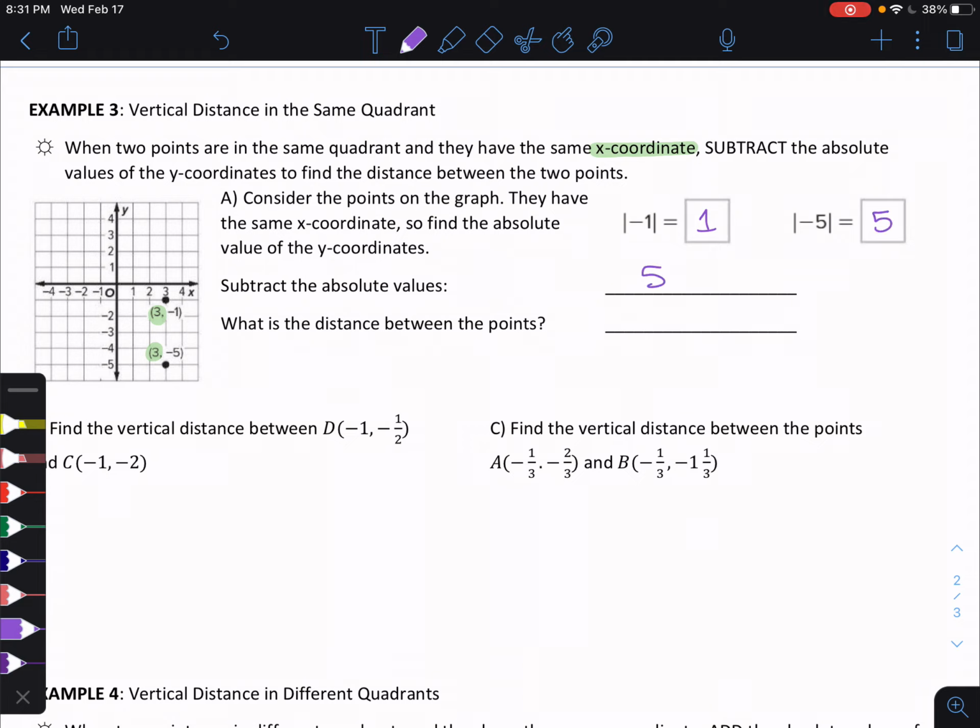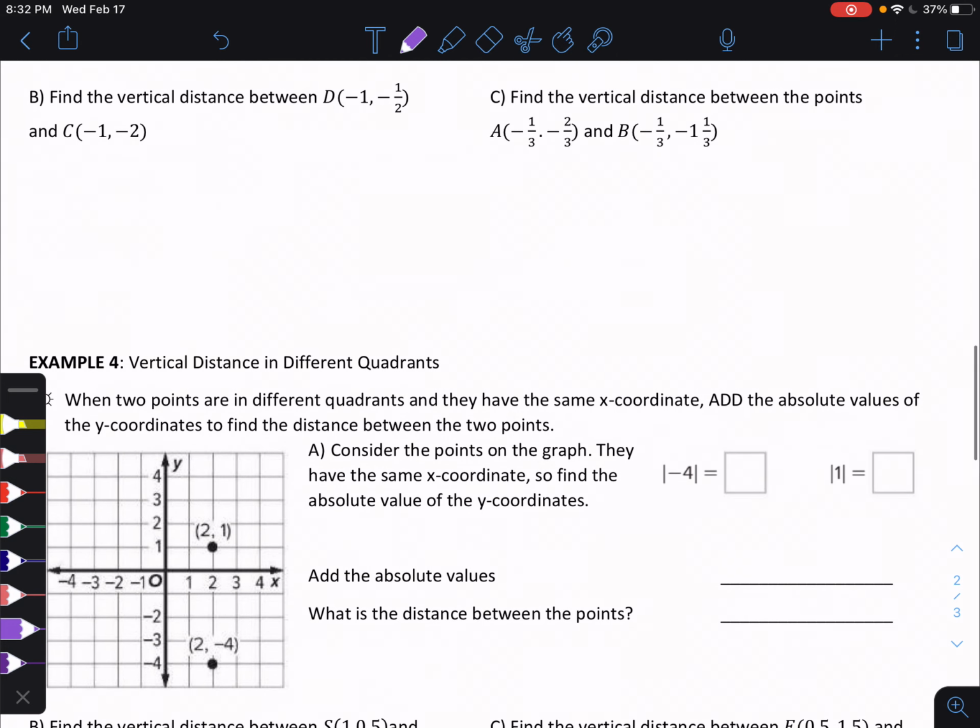So I'm going to do 5 minus 1, and I get 4 units. If I come over to my graph, I can count the exact same thing. 1, 2, 3, 4 units. Okay, so whatever I get on the graph should be the same as what I get when I do the absolute values. So now we're going to look at some examples that don't use the graph.